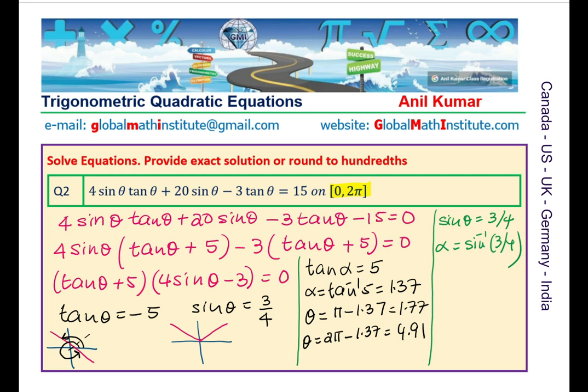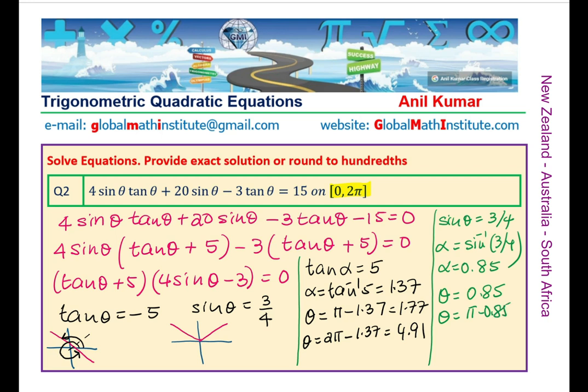I'm going to write this as 0.85. So alpha is 0.85. The two angles for theta will be one in quadrant 1, which will be 0.85, and the other one will be pi minus 0.85, correct? Let's calculate: pi minus 0.85 gives us 2.29.